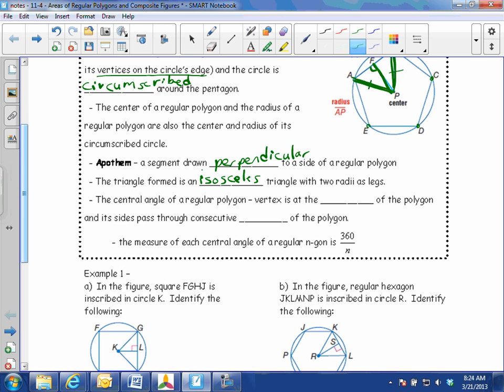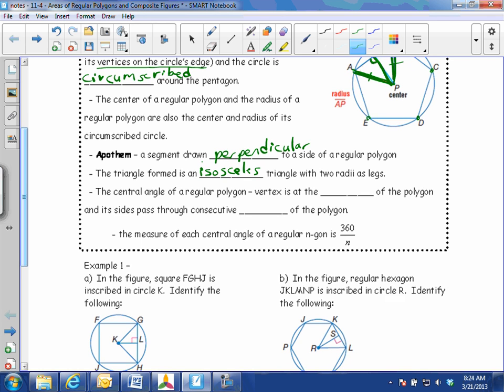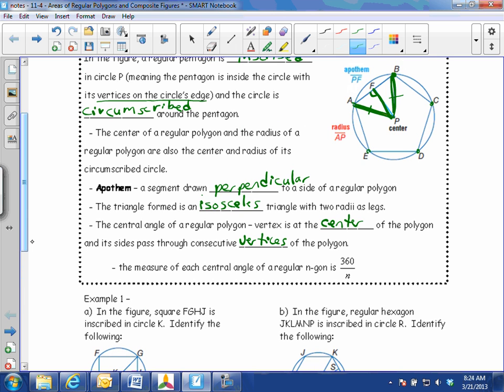Central angle of a regular polygon. The vertex is at the center of the polygon and its sides pass through consecutive vertices of the polygon. In this case, the central angle would be this.